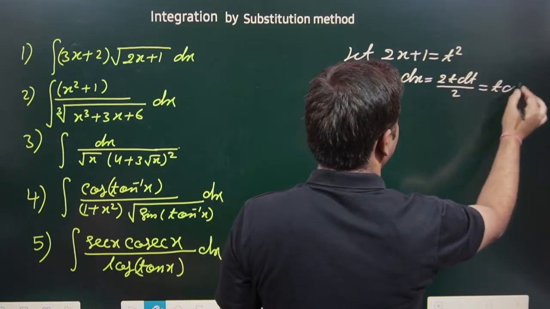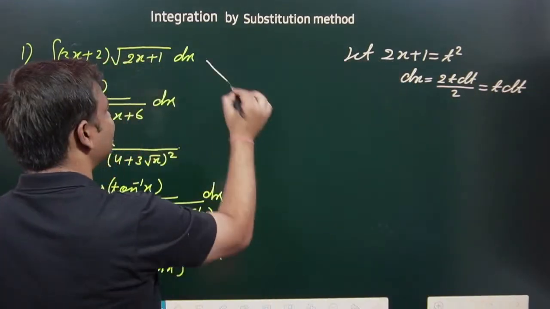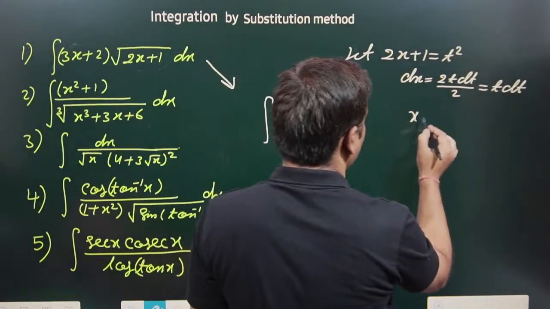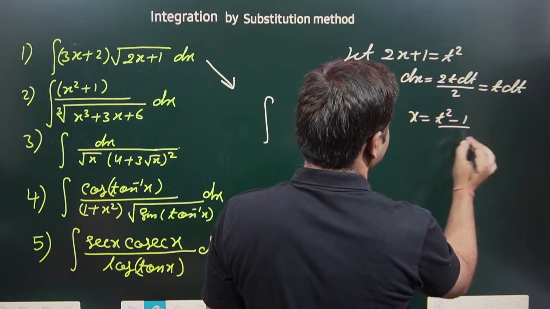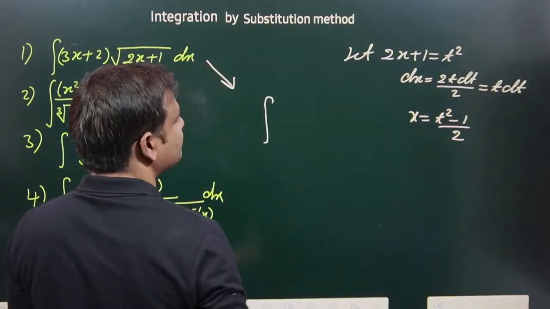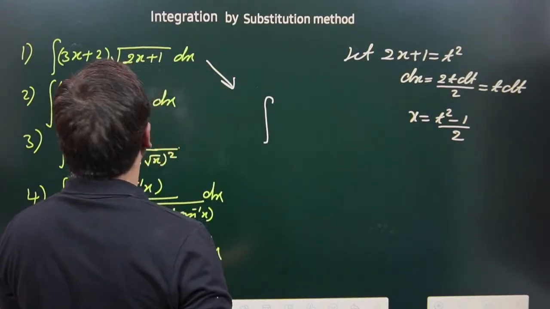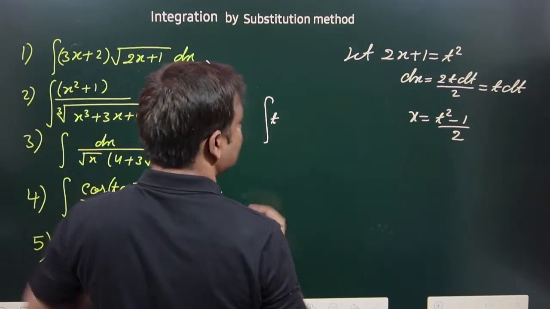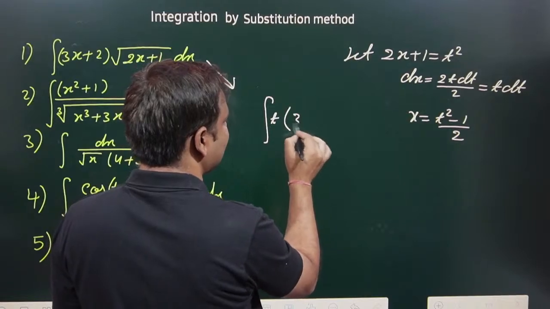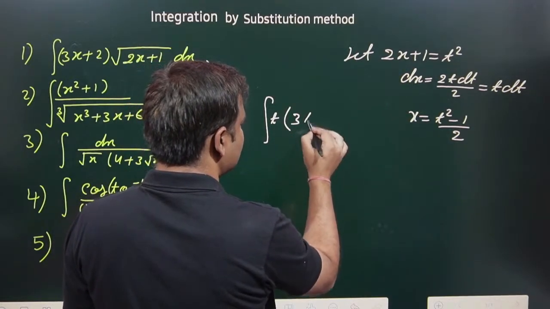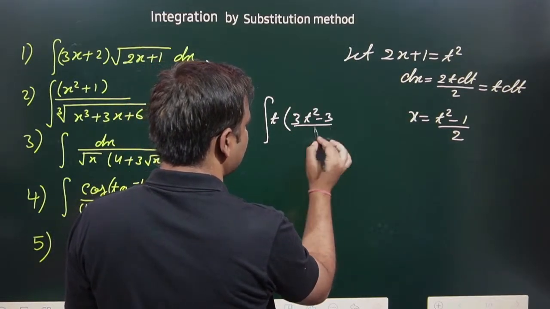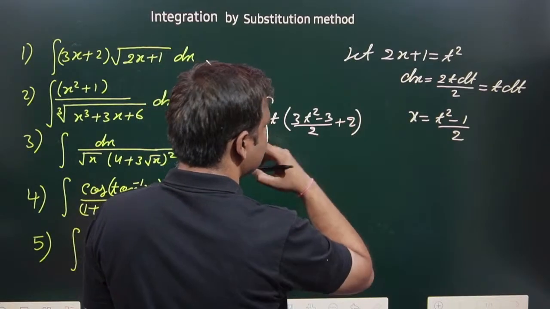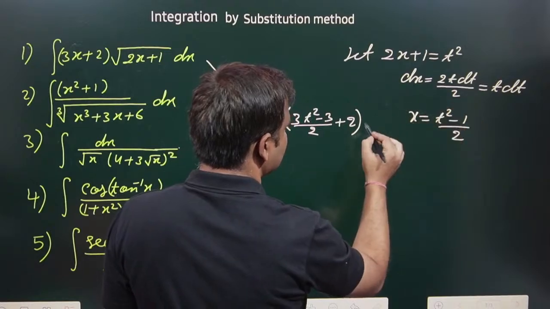So this is written. What about x? This is t, 3x plus 2. 3x, x means how much? t square minus 1 divided by 2, then plus 2, and dx replaced by t dt.